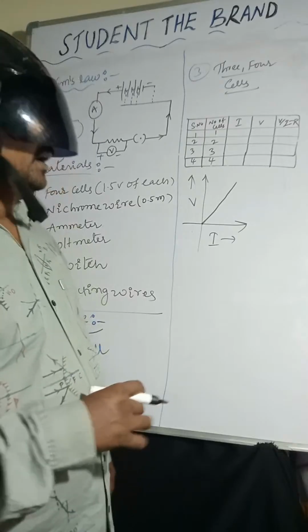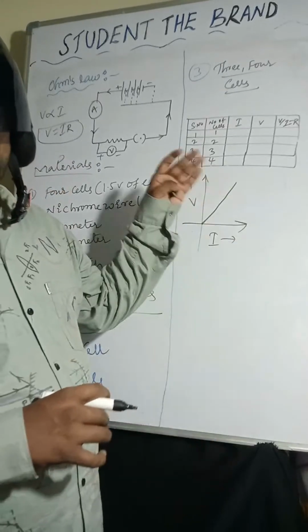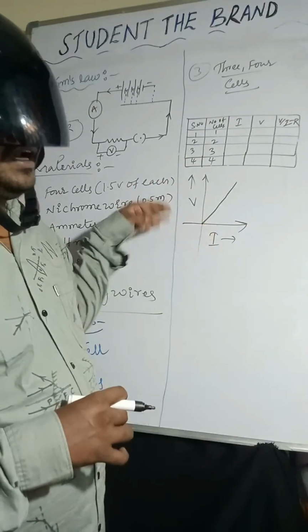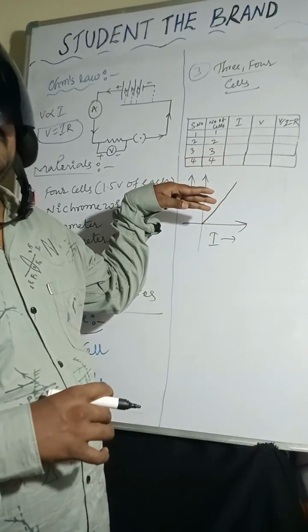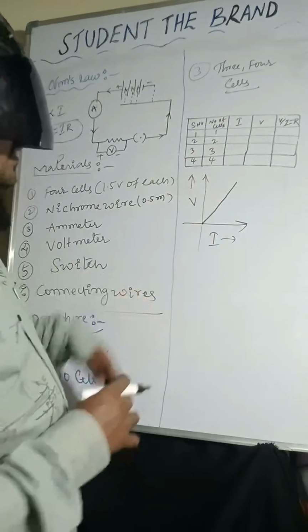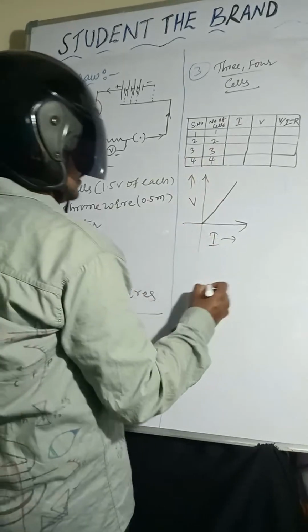I hope it is very clear. If you draw the VI graph, the graph is linear, and this is for ohmic conductors.